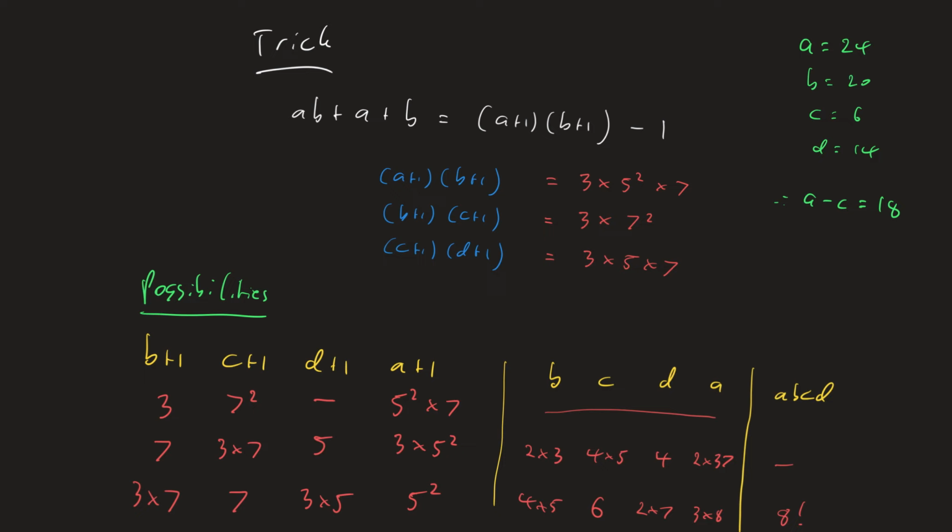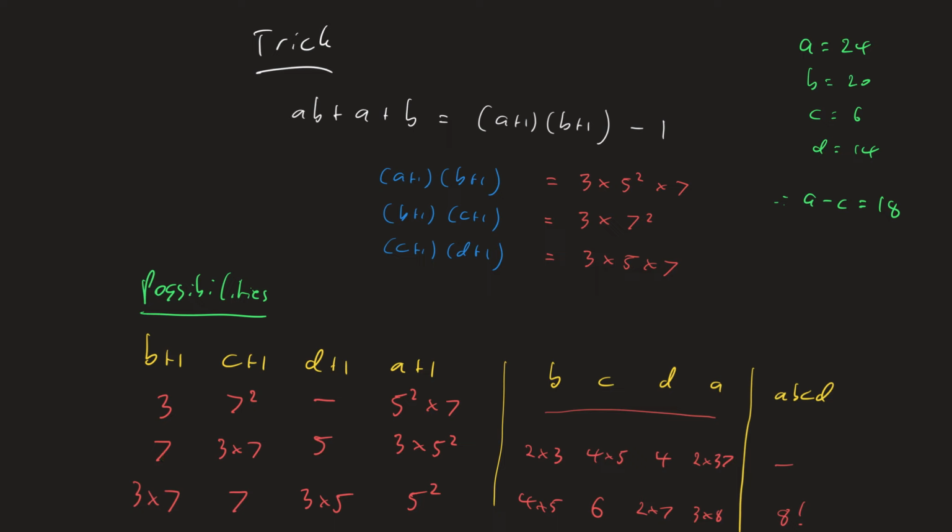In the original question, there's one more equation. We are told that A times B times C times D is 8 factorial. So we need to test these two possibilities to see whether they also satisfy A, B, C, D is equal to 8 factorial. If B plus 1 is 7, then B is 6.